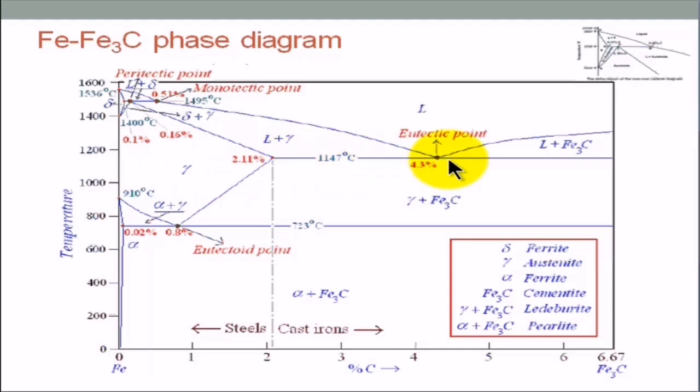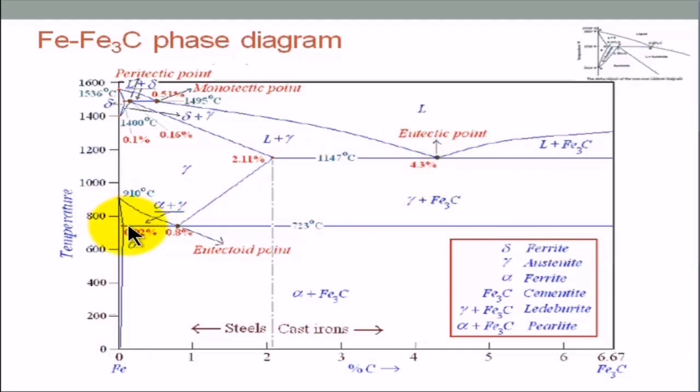And the second horizontal line is at 1148 degrees centigrade, where a eutectic reaction takes place. That means a liquid, after cooling, becomes austenite plus cementite.